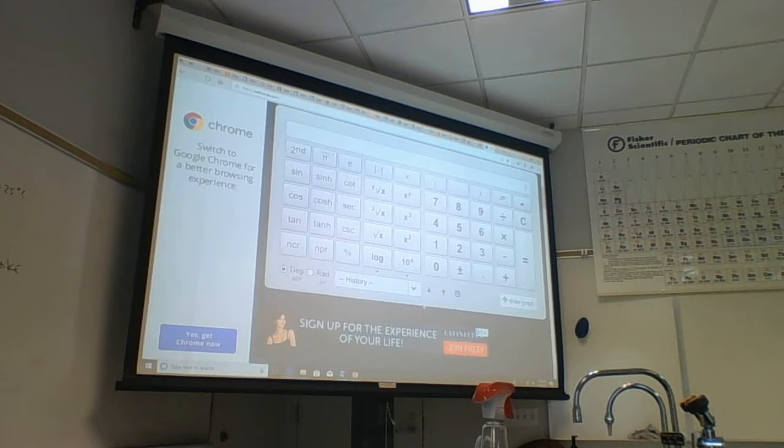When you hit the EE or the EXP key, or some calculators have this times 10 to the x, then it's okay.